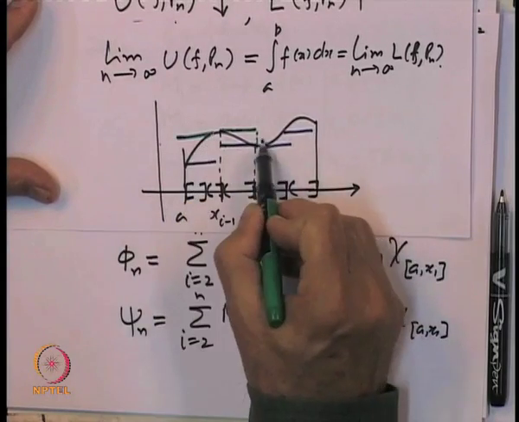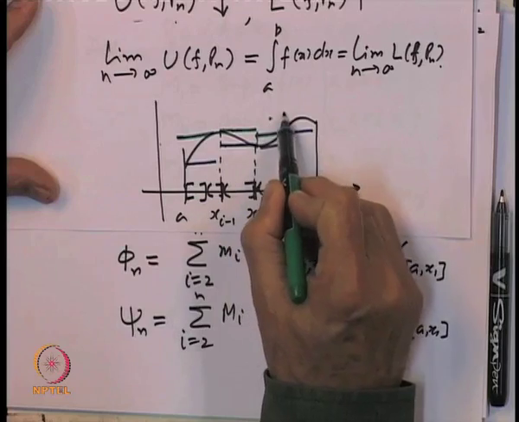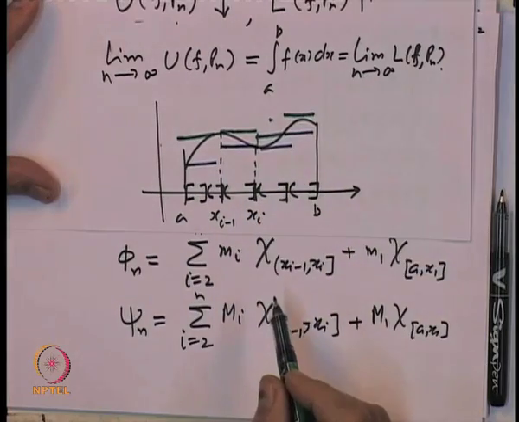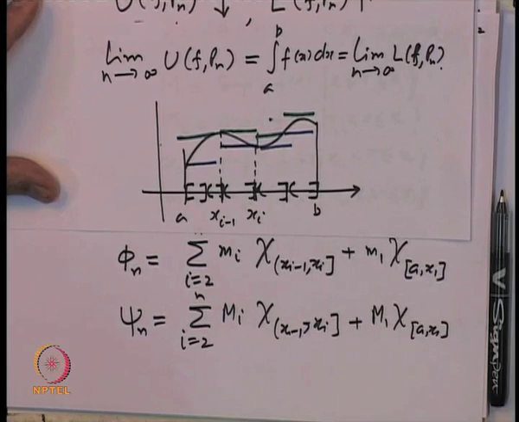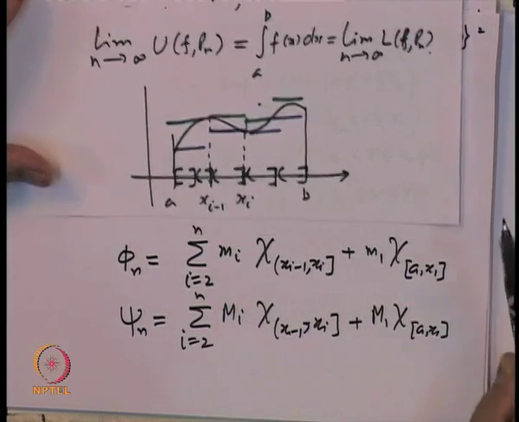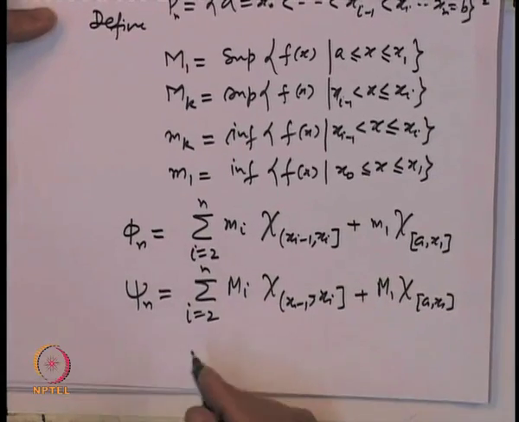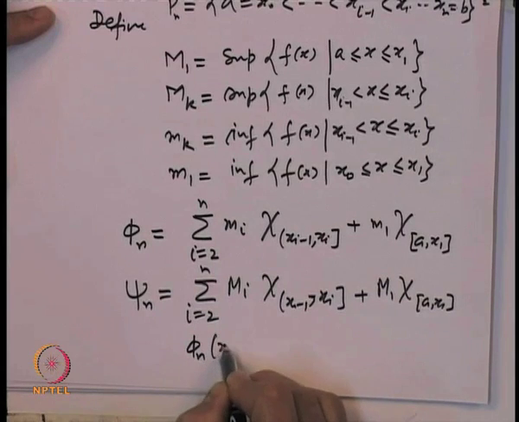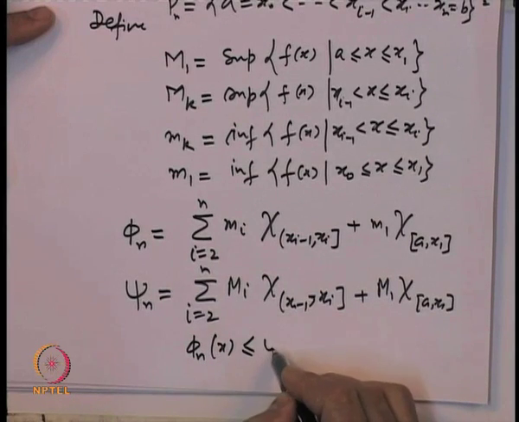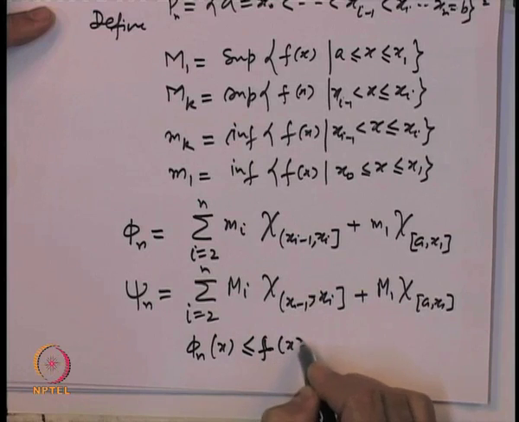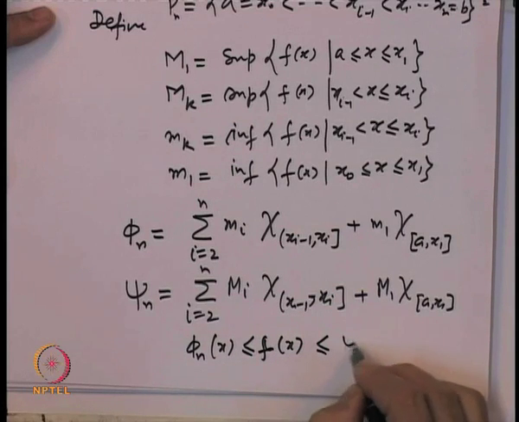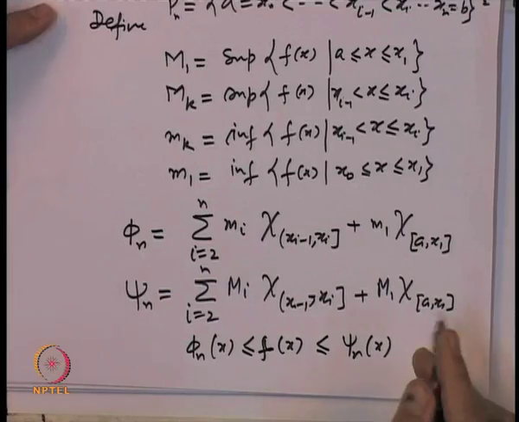So, they will look like this and like this and like this. So, quite clearly these functions phi_n and psi_n are step functions, and phi_n of x is less than or equal to f of x and less than or equal to psi_n of x.